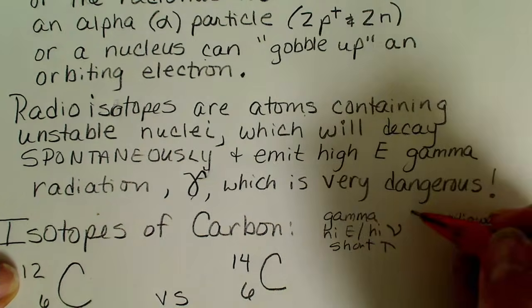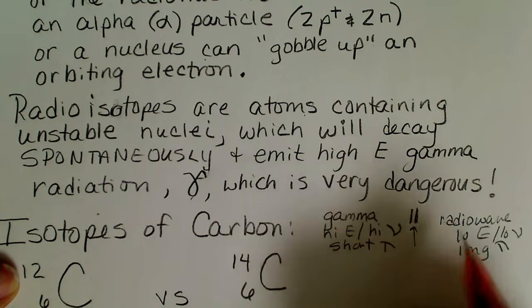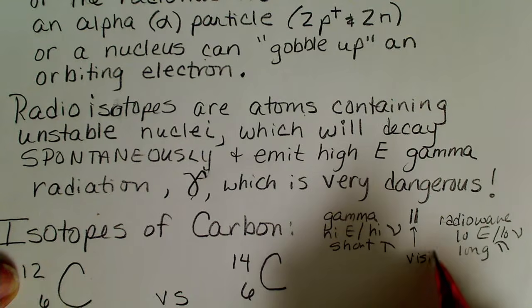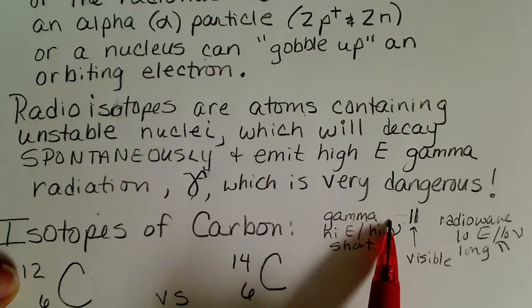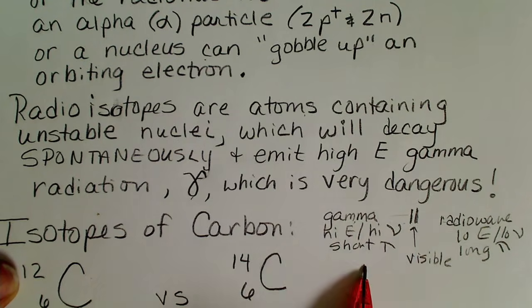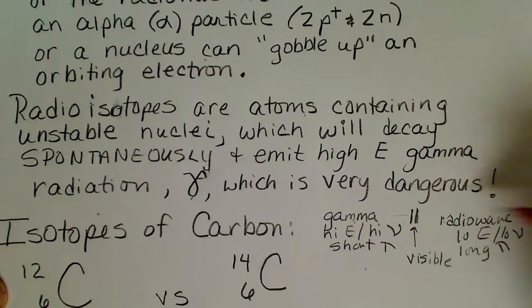And remember, visible light is somewhere in between. So radiation that is higher in energy than visible light, including ultraviolet, X-rays, and gamma rays, is very dangerous. And radiation at lower energies than visible light, infrared, microwaves, and radio waves, because it's low energy, is not dangerous.